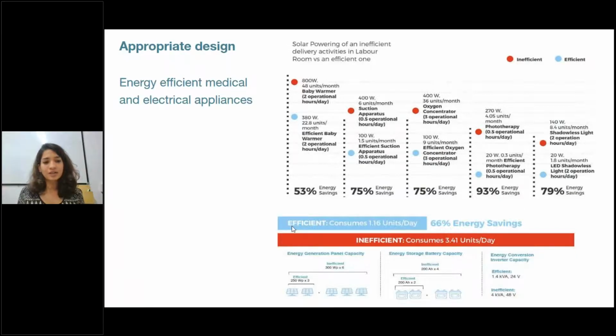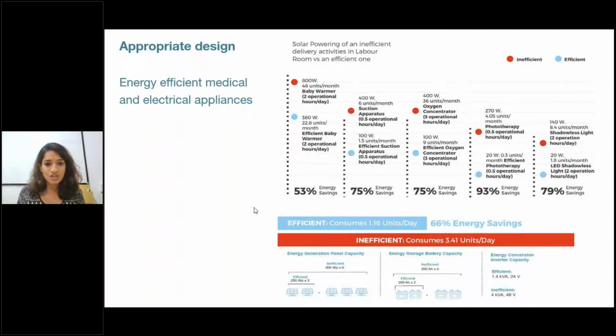This second aspect of appropriate design, as I mentioned, is a combination of efficient appliances, built environment, and then appropriate energy system designs. While looking at efficient appliances, and again, I'm just using this maternal and child care as a running theme to say that you have options of efficient and inefficient appliances.